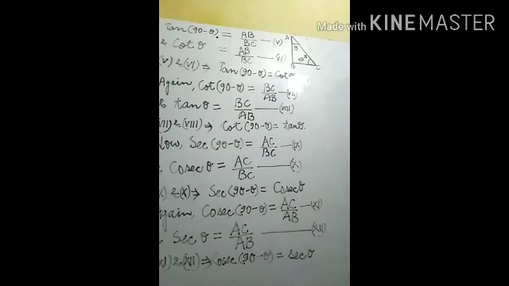Next one is sec 90 minus theta equals cosec theta. And the last one is cosec 90 minus theta equals sec of theta. This is the relation between angle and complementary angles with respect to sine, cos, tan, cot, sec and cosec.